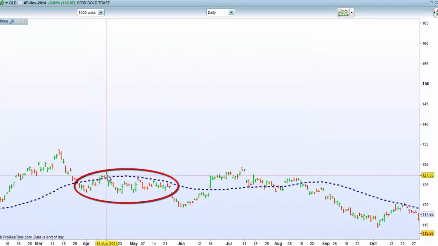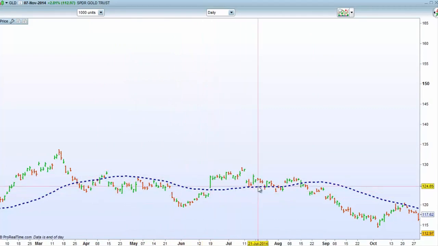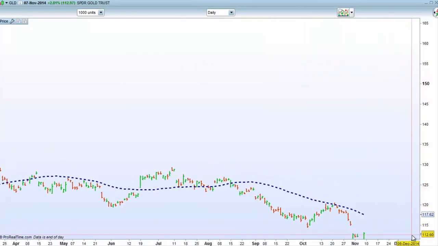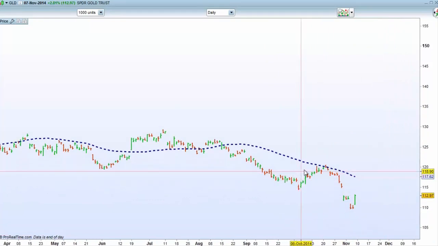Would have been whipsawed a little bit here. Long there, out there. Short here. And you'd still be short this market after this move down.